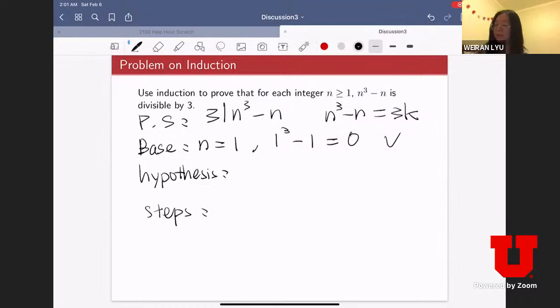Okay, now we move on to the hypothesis. What's going to be our induction hypothesis? There's actually different ways to set up your hypothesis and have different kinds of inductive steps, but the reasoning behind them and the logic are all the same.